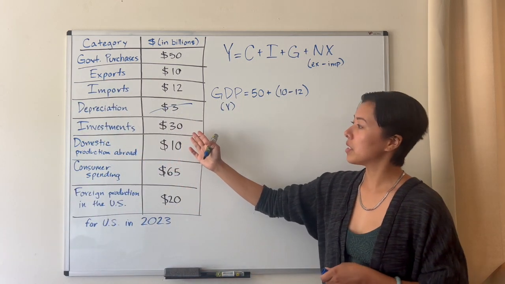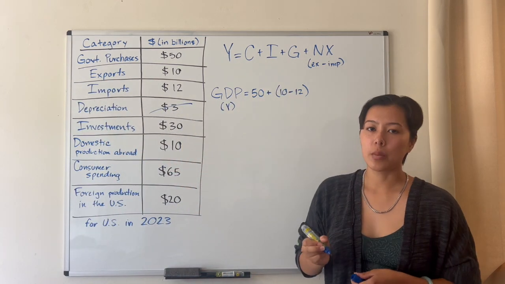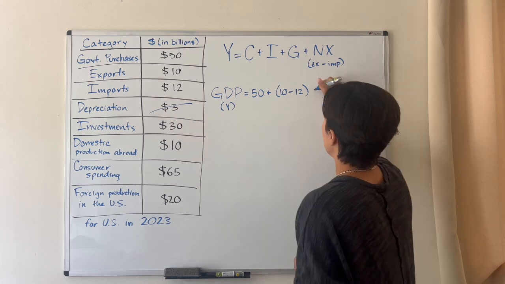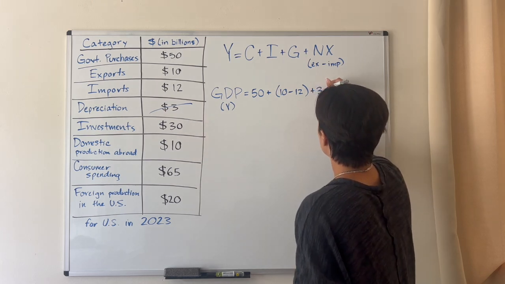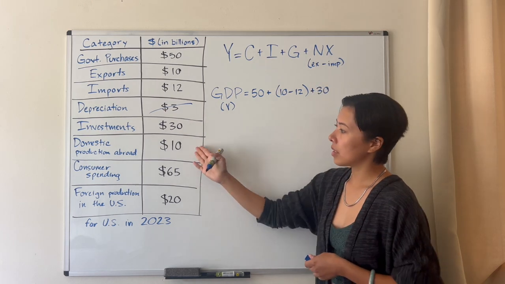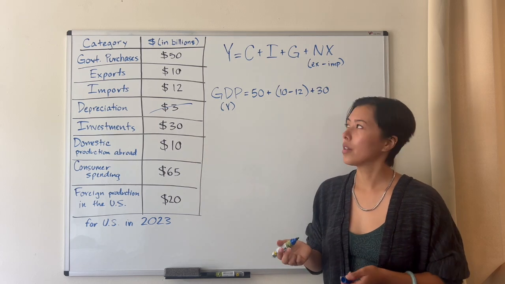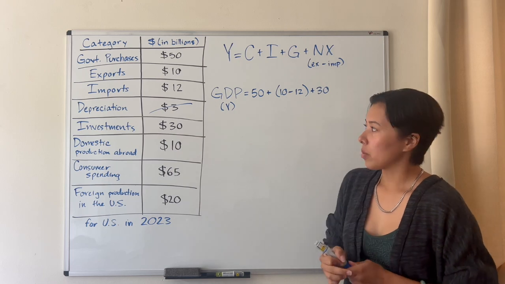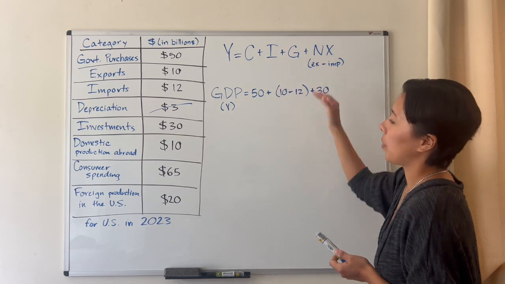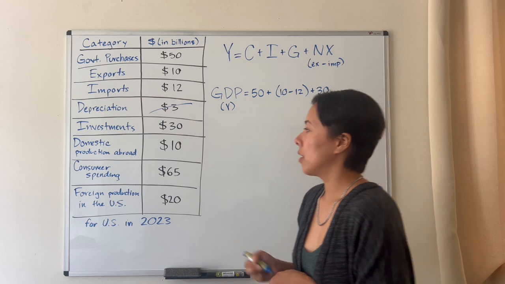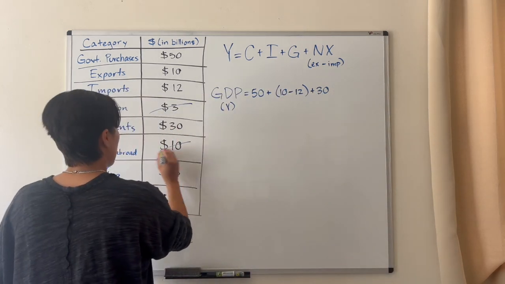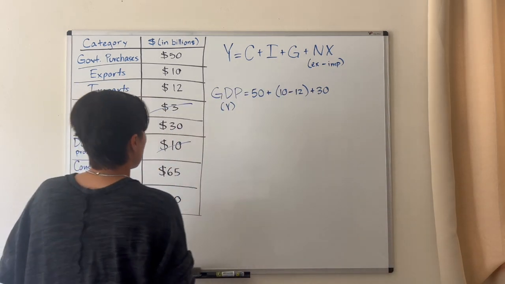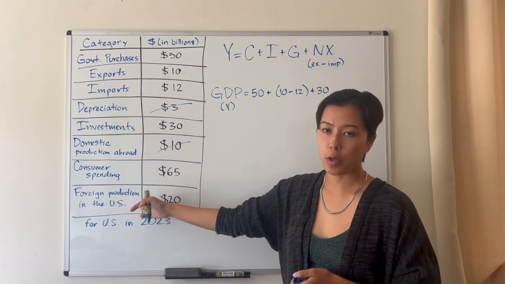Next, we have investment, which we know is part of our GDP formula. So we'll add in this 30 for investment. Now we have domestic production abroad, and this is not included in our GDP formula. Because we're calculating GDP from a consumption perspective, we're just going to go ahead and ignore this production number, and the same thing will be true for this foreign production in the US.